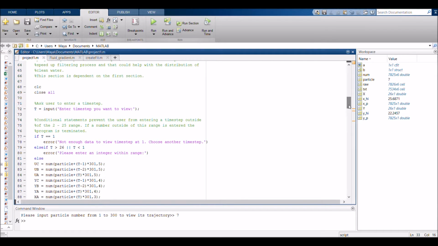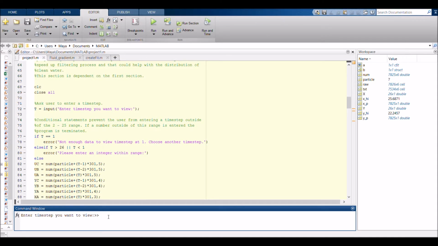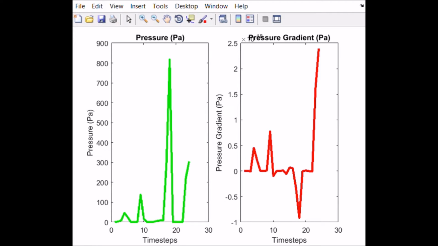to our next section. Here we must first run the program and enter a timestamp we want to view. Let's say 5. Here it calculates the pressure of molecule 7 to be 4.490 e to the negative 19 pascals.